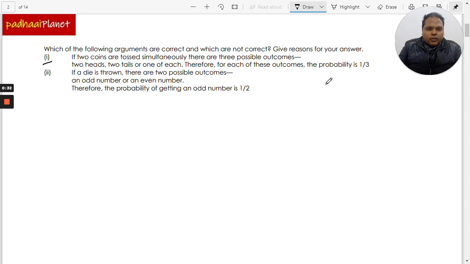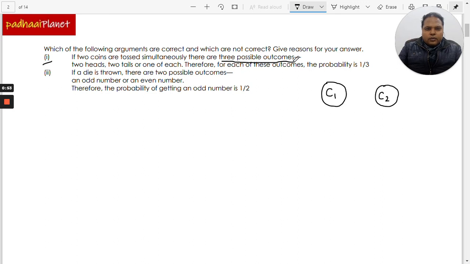So there is coin 1. Suppose this is coin 1 and we can call it C1, and then there is another coin, C2. Now these coins are tossed simultaneously, right? So there are only three possible outcomes.